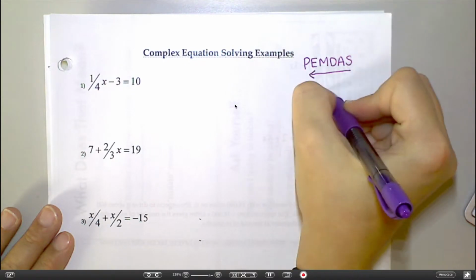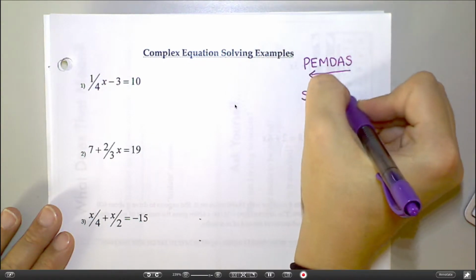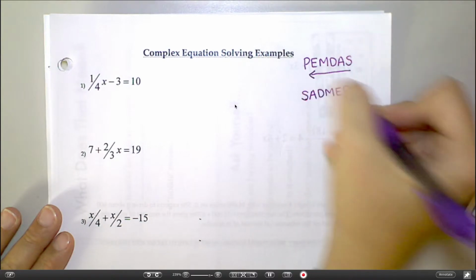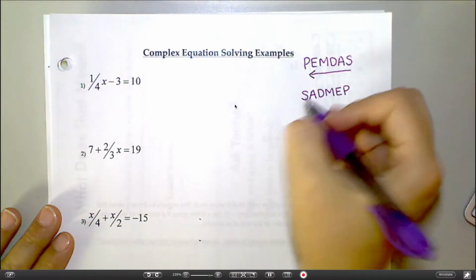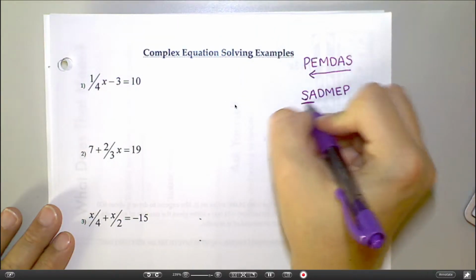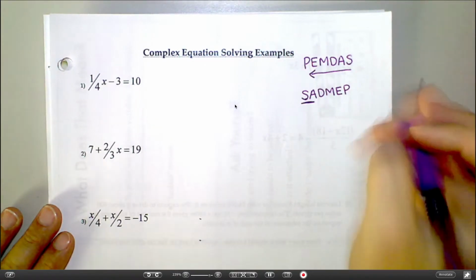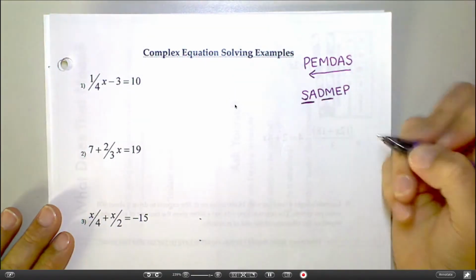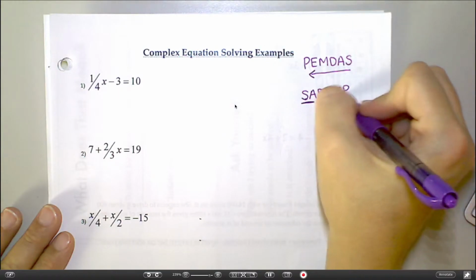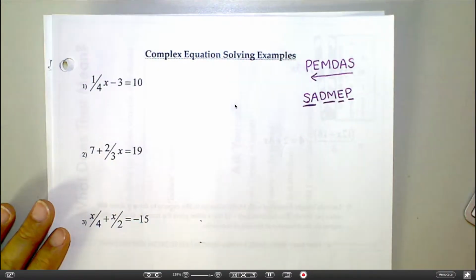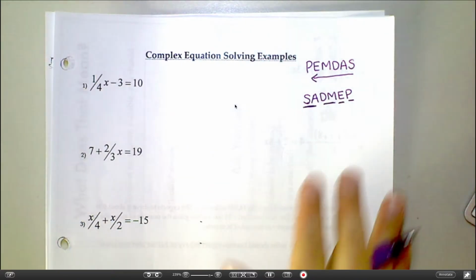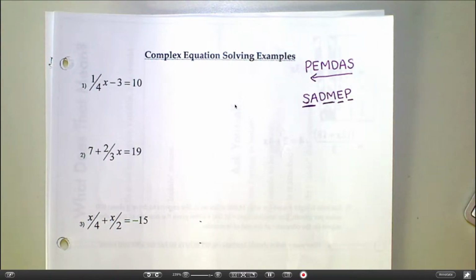What's SADMAP? Where am I getting that from? Ask Dad. It's PEMDAS backwards, right? So when you're equation solving, first you're going to get rid of subtraction and addition. Then you're going to get rid of division and multiplication. Then you're going to get rid of exponents. And the last thing you're going to get rid of is parentheses. So you're just going to hear me refer to that along the way.